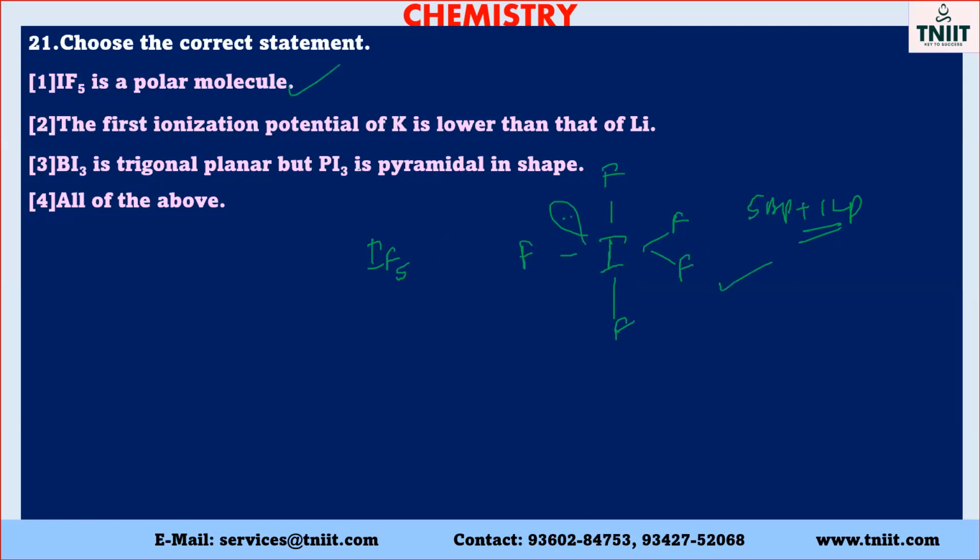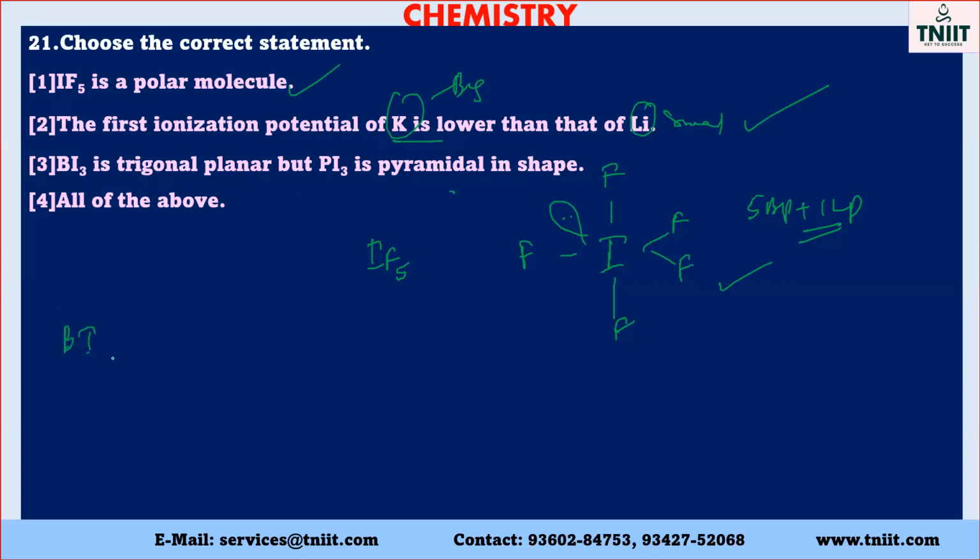True. The first ionization potential of potassium is lower than lithium. Potassium is big, lithium is small. Ionization energy is the removal of an electron from the outermost orbit. Since potassium is bigger, its ionization potential is low. This is also true. BI3 is trigonal planar, but PI3 is pyramidal in shape.